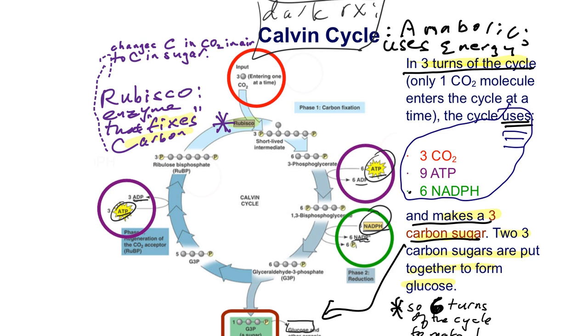This is a cycle, so let's start with where this red circle is. Here's where carbon dioxide is fixed. When I say fixed, I mean it's taken out of the air and the carbon in the carbon dioxide is changed to the carbon in sugar, connected to a carbon backbone right here.